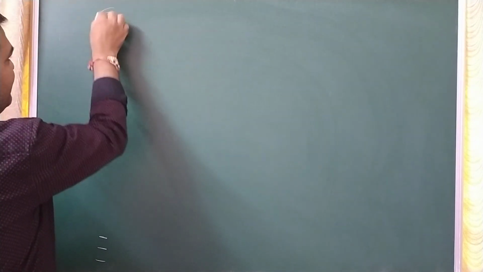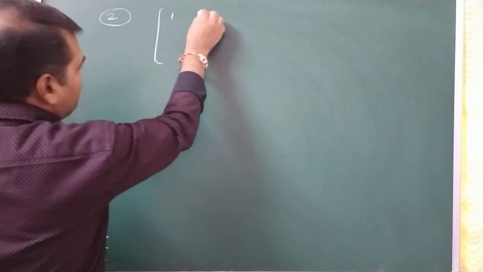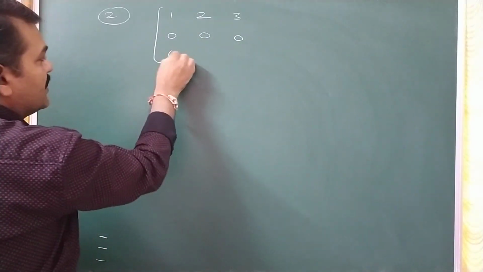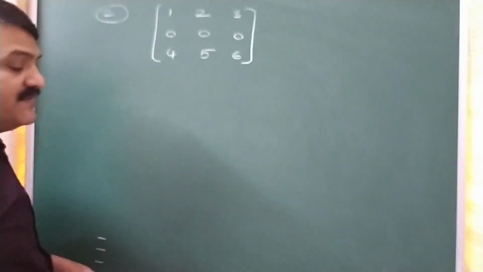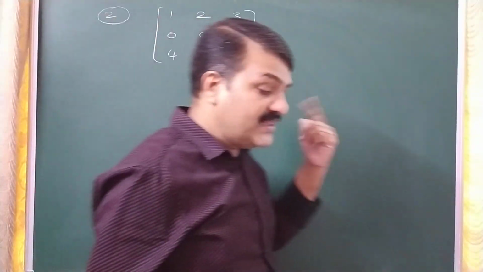Second one, a very simple property. If all the elements of any row or column are zeros, then the determinant is going to be 0. Why?